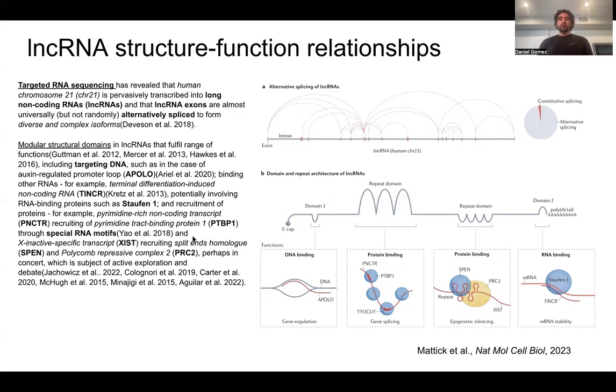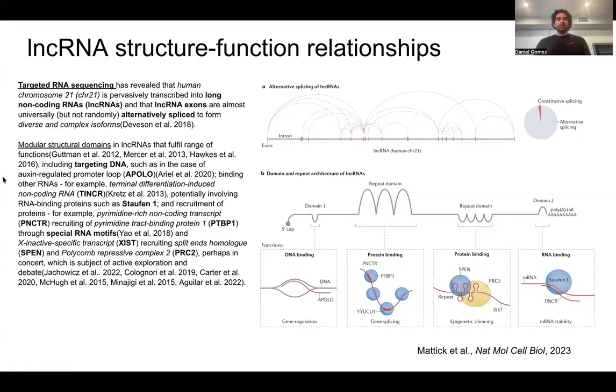These domains are also modular. So they have lncRNAs that fulfill a range of functions that include targeting DNA, such as in the case of this APOLO promoter loop, and binding to other RNAs.